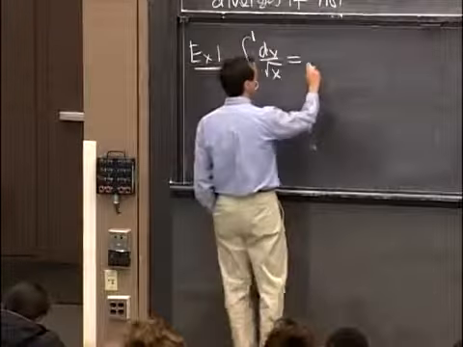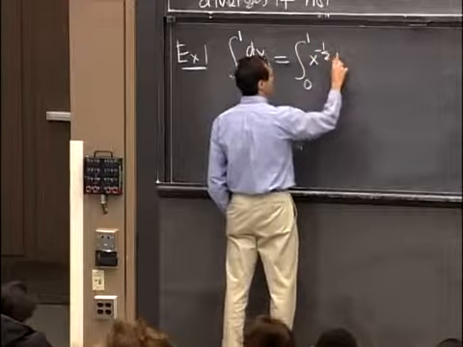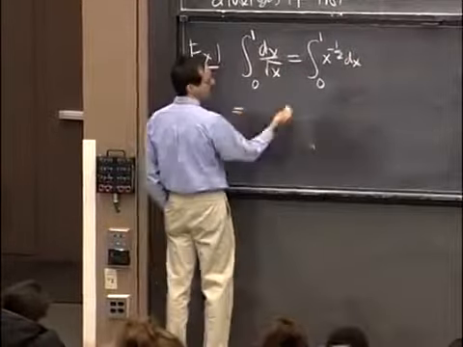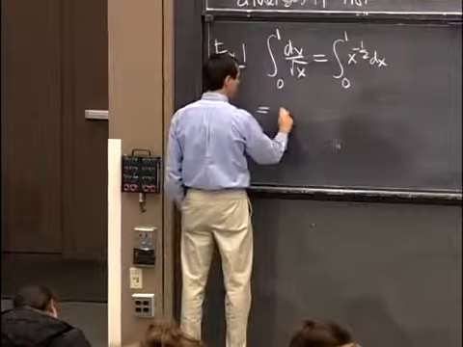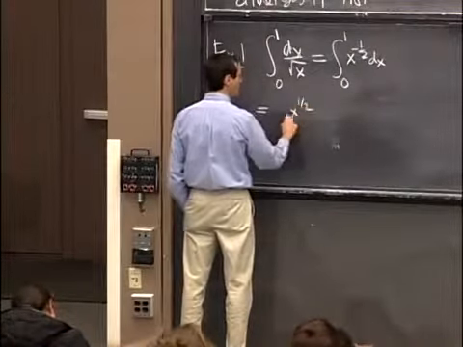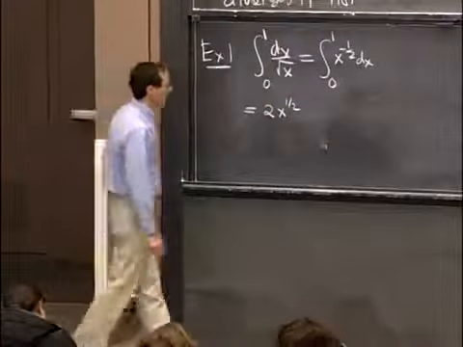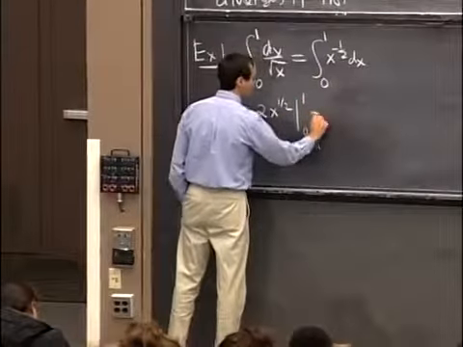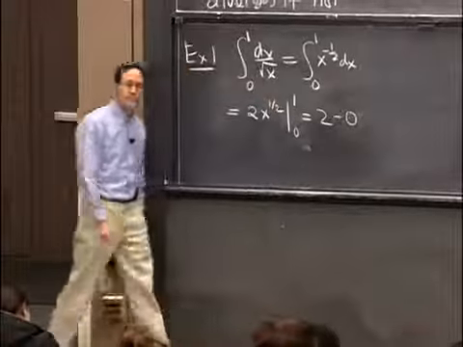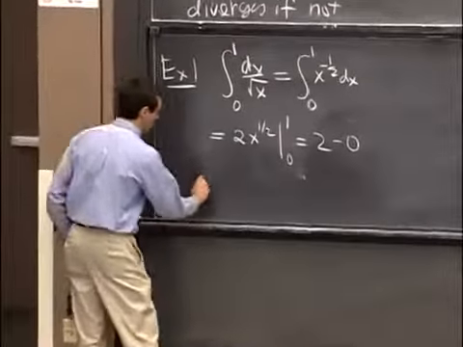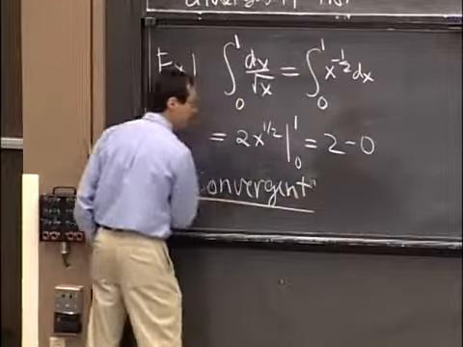But if you evaluate it, first of all, we always write this as a power to get the evaluation. And then I'm not even going to replace the 0 by an a. I'm just going to leave it as 0. The antiderivative here is x to the 1/2 times 2. And then I evaluate that at 0 and 1, and I get 2 minus 0, which is 2. All right, so this one is convergent. And not only is it convergent, but we can evaluate it.